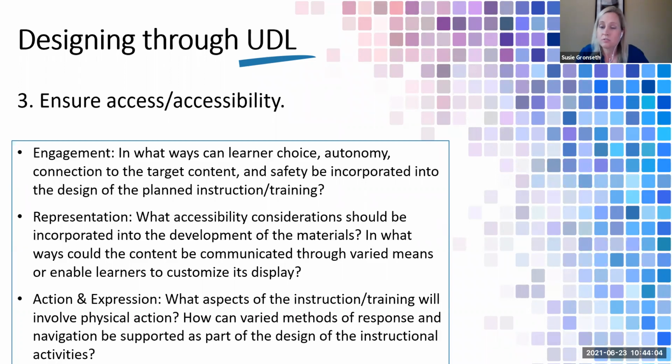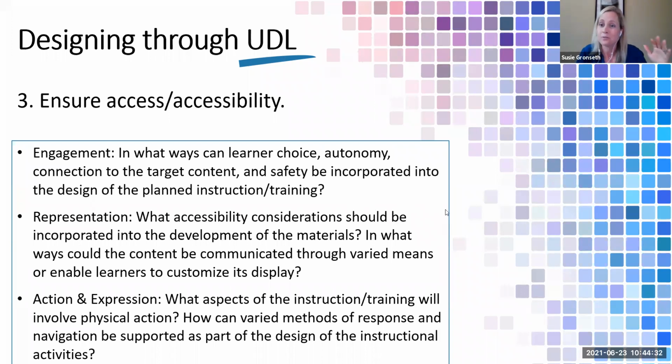And then the last three steps are going to be associated with the levels of the framework: access, build, and internalize. I've got quite a bit of text on here, but I've got the three principles. At the access level, these are some reflective questions relating to how we can support access and accessibility within engagement, and how we can do that within representation and action and expression.